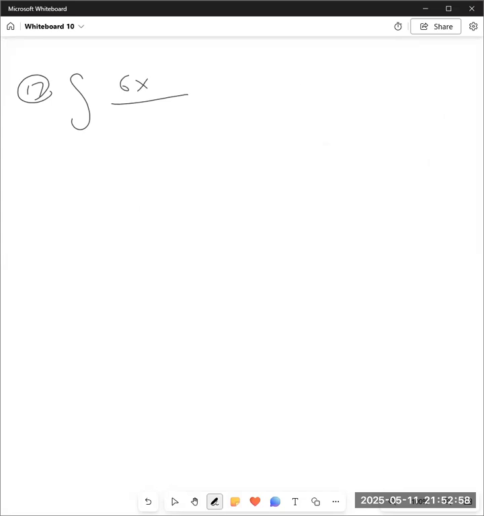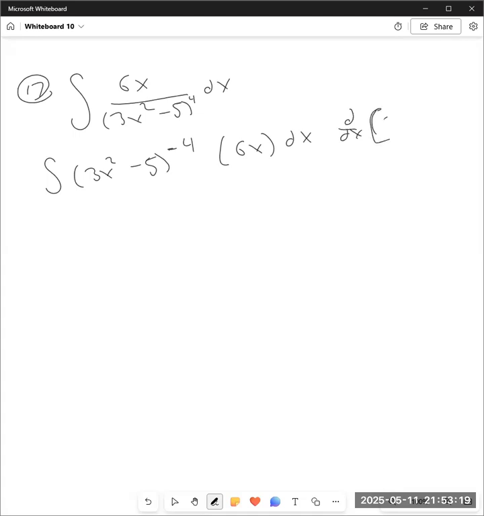The integral of 6x over 3x squared minus 5 raised to the 4th dx. So I'm going to want to write this as 3x squared minus 5 to the negative 4th times 6x times dx. Just verify that 3x squared minus 5 has a derivative of 6x, and it does.